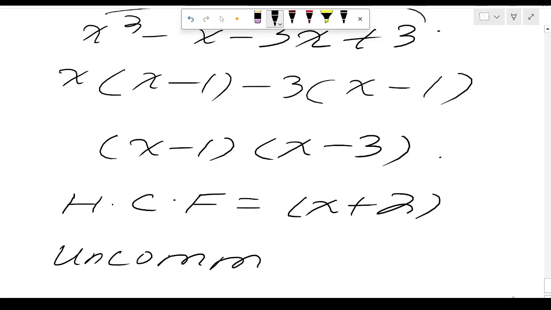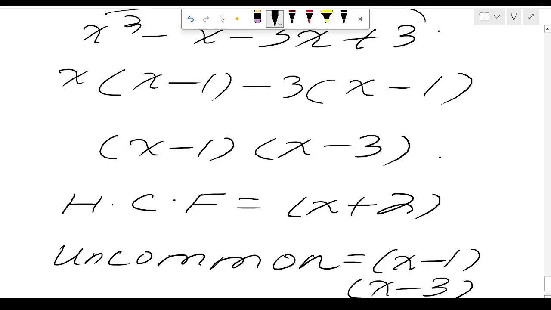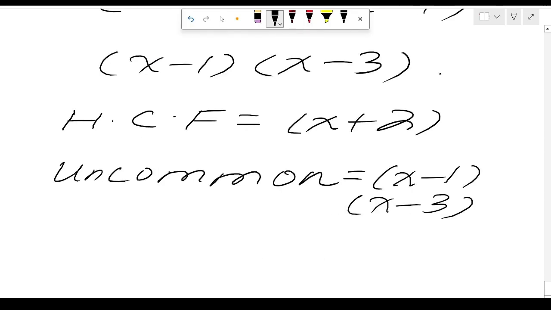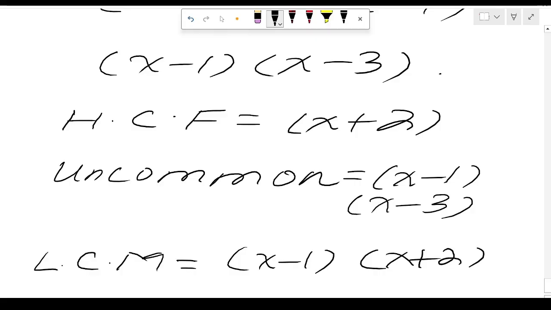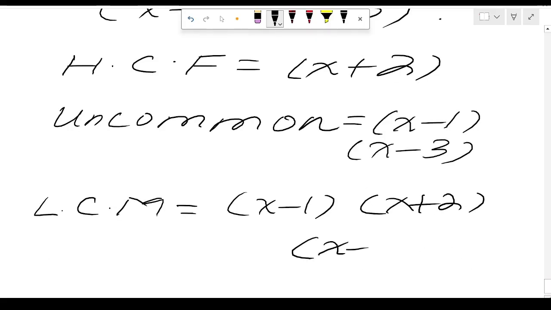If we remove x plus 2 from all of these, we will get x minus 1 and x minus 3. And now we need to multiply all of these 3. So the LCM will be equal to (x minus 1)(x plus 2)(x minus 3). So this is the answer to question number 12.